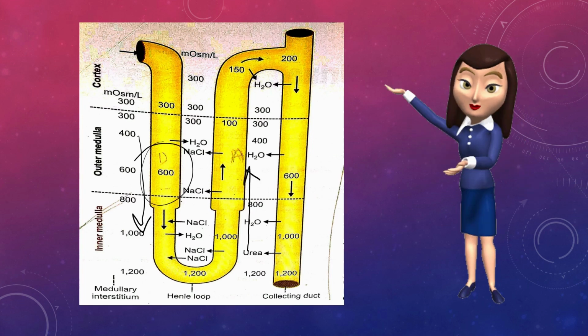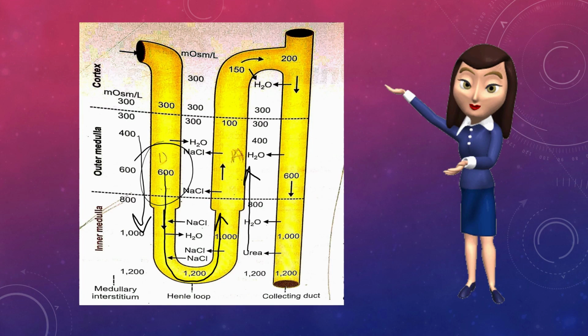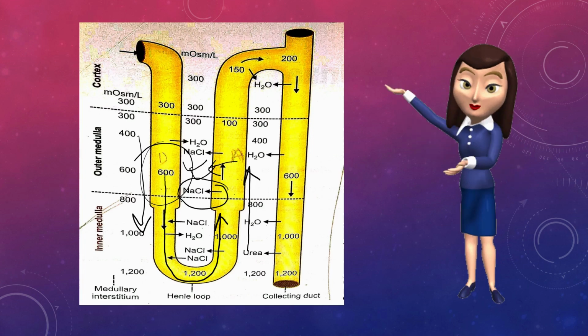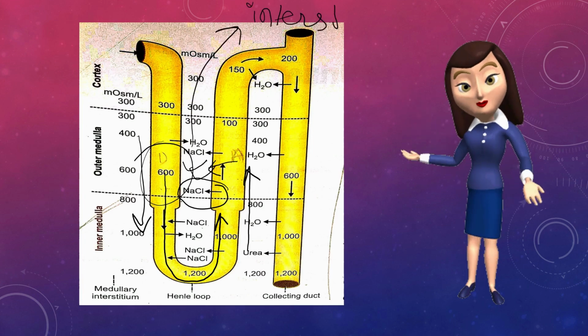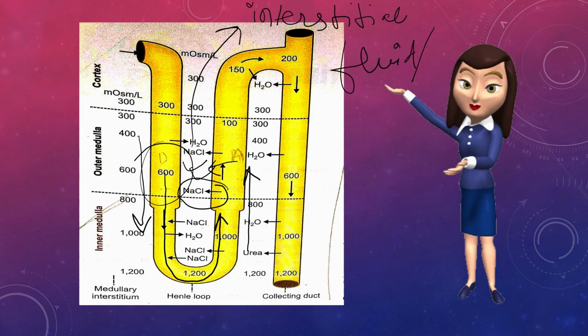Whatever comes to the descending loop will move to the ascending loop. Now, in countercurrent multiplier, the sodium chloride ions from the ascending loop will diffuse out to the interstitial fluid. Now, this is the interstitial fluid, or you can say the interstitium.